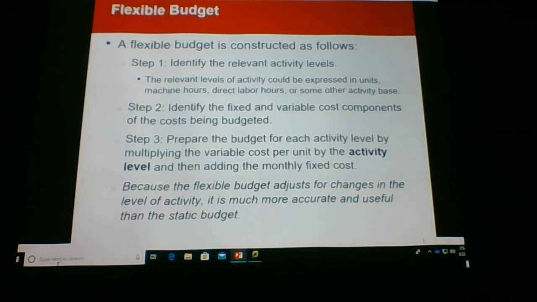So when we are going to put together a flexible budget, we have 3 steps that we have to follow. And the first thing is we need to determine relevant levels of activity. We can express these in units, machine hours, direct labor hours.